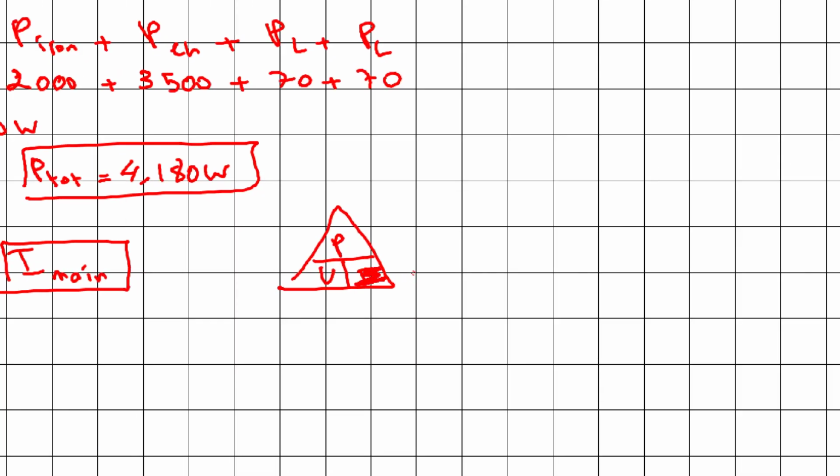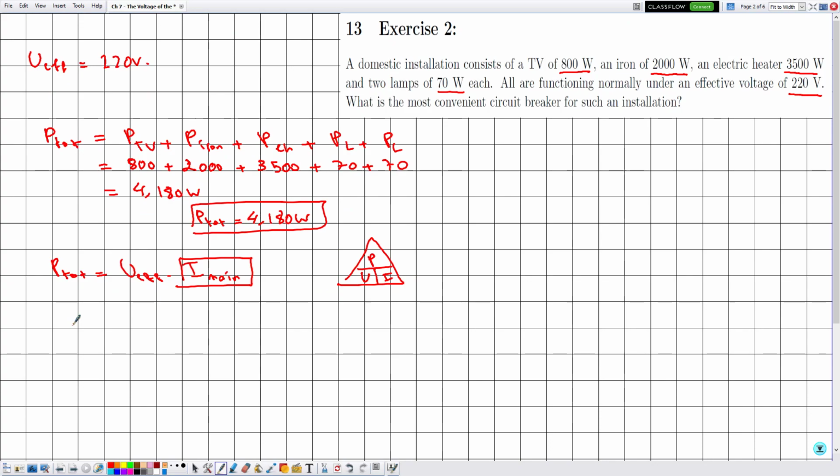Covering I with our hand, then I is given by P divided by U, which is equal to 4180 divided by the effective voltage given by 220. And in this case, sorry, I have made a mistake. Now this is not given by 4180. Let me double check the calculation.